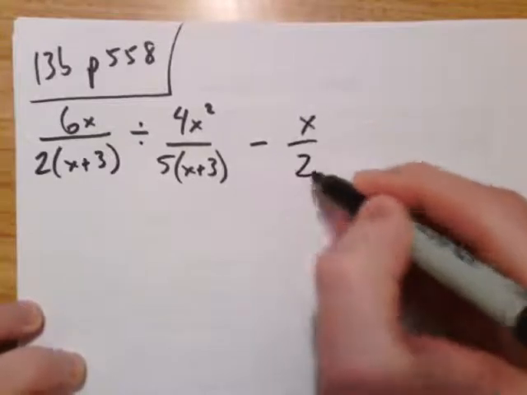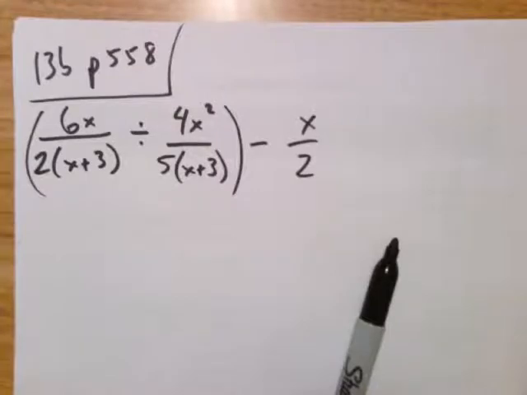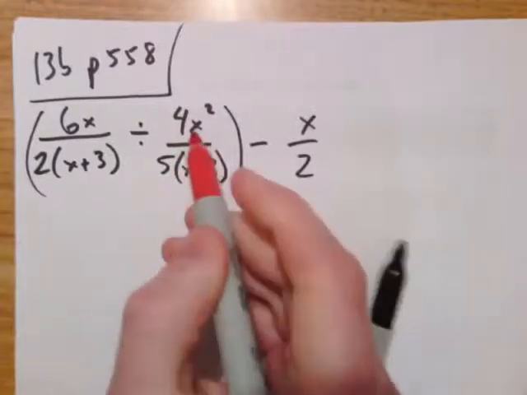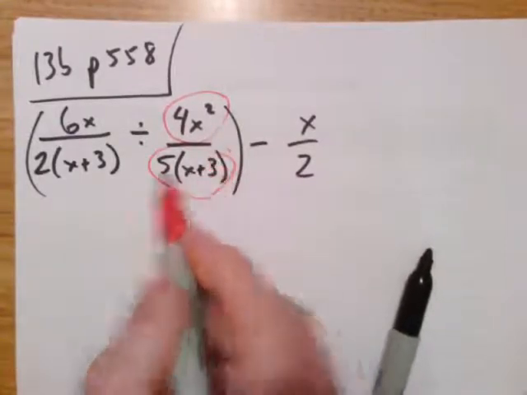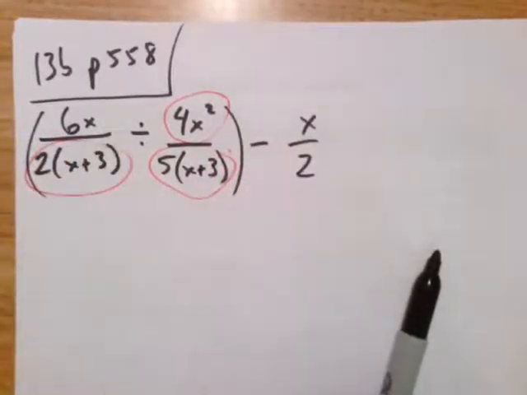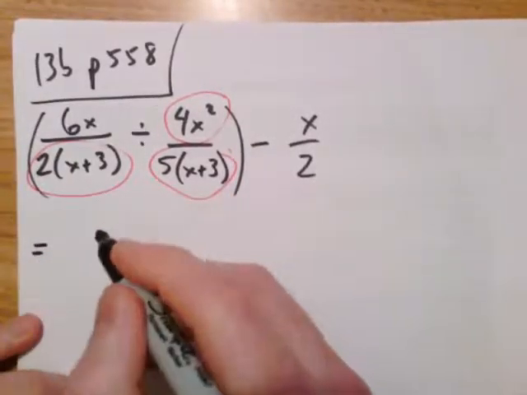Minus x over 2. Okay, so order of operations. Now, notice this is going to be flipped, so just be aware of our non-permissibles, hey? So I'm going to flip these and multiply.